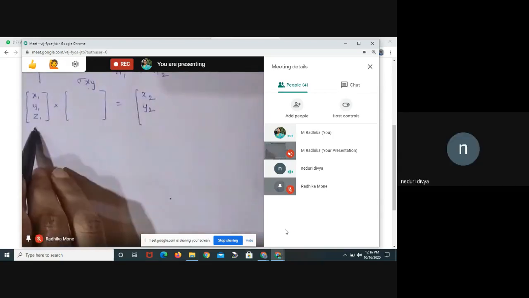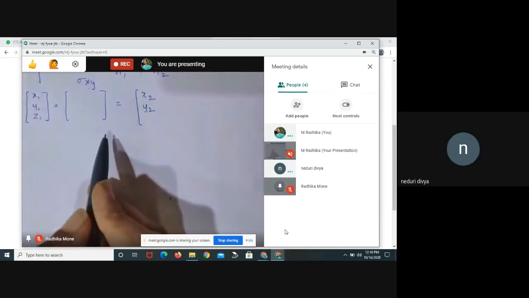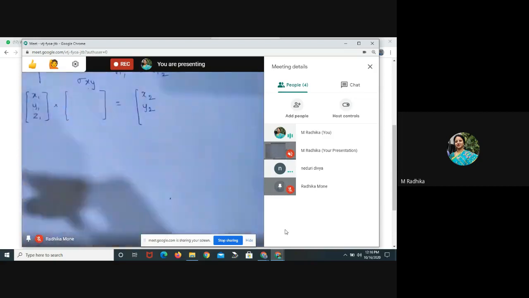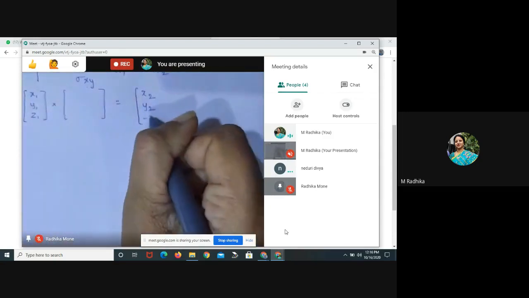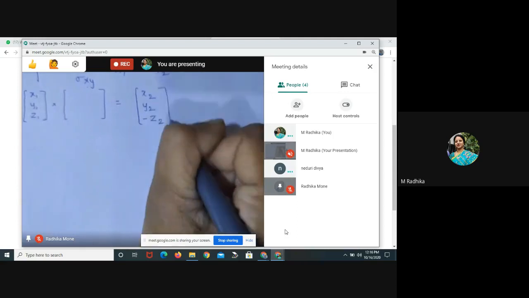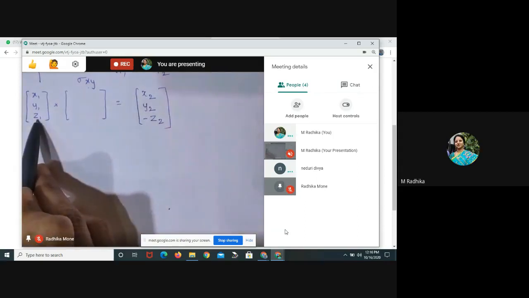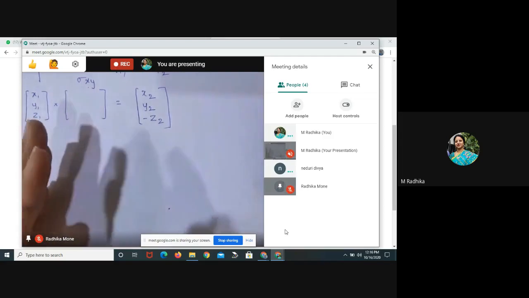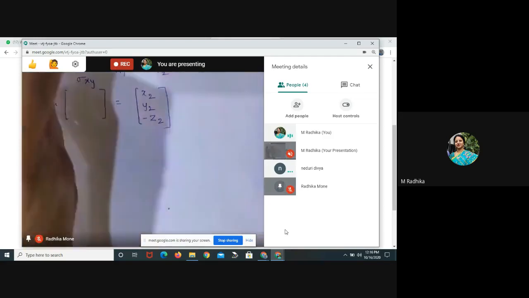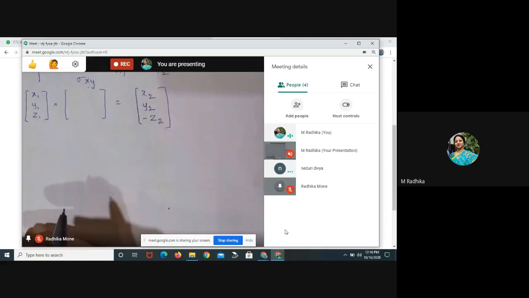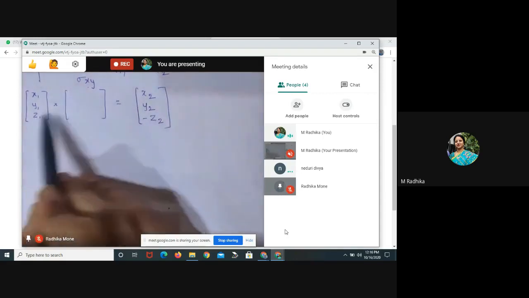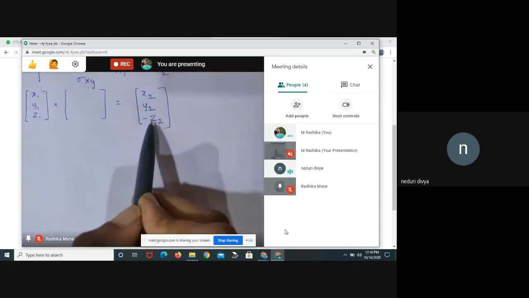How about z1? Z1 will change. When I do the reflection, z1 becomes minus z2. I can represent it this way: x2, y2, and minus z2. That means I have done a reflection. If it was in the plus coordinate of z, if I reflect, it will go to the minus coordinate. If it was at the top, it will go to the bottom. That is what the reflection means.